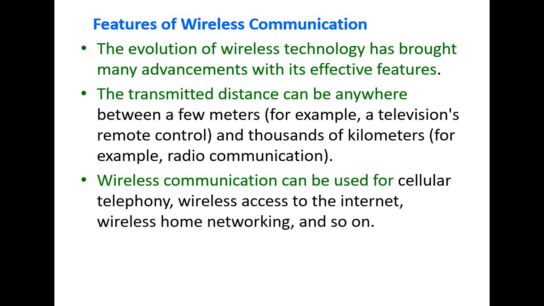Based on the transmitted distance, we can predict the signal strength at the receiver. So this will vary for certain kinds of applications. Then wireless communication can be used for cellular telephony, or for internet and home networking. For all these things, we can utilize wireless communication.